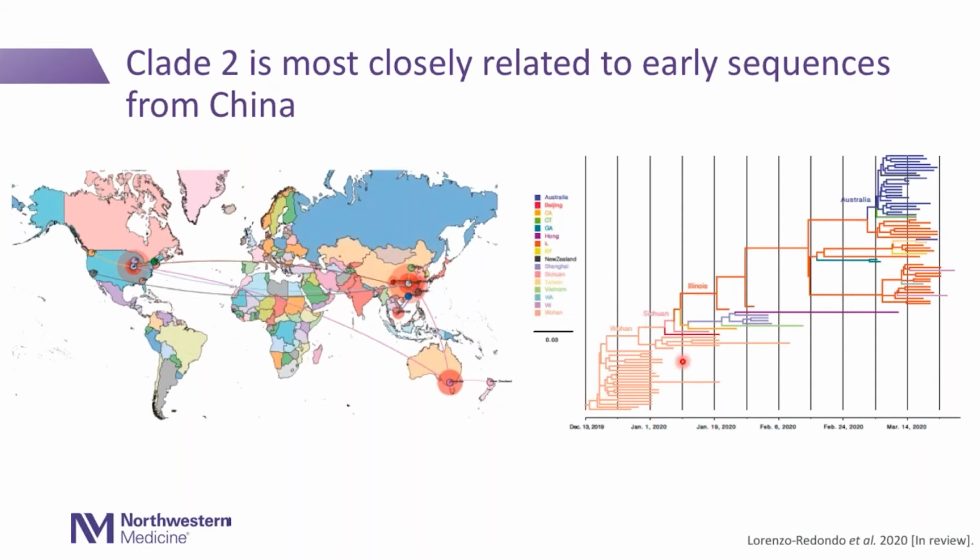So we had initial spread of this clade early. Eventually, we got propagation into Illinois sometime in January, where it continued to spread slightly and then expanded from there. The other slight surprise is when we looked at representation across the globe, we did see this clade also expanding in Australia, and we think this actually was a transmission event from China to Illinois to Australia.